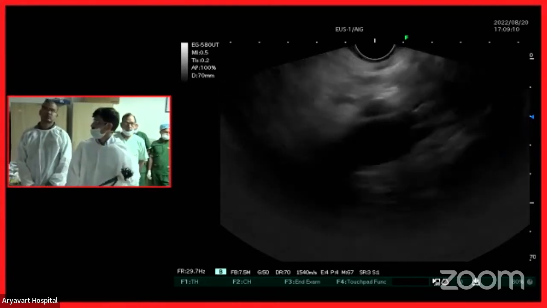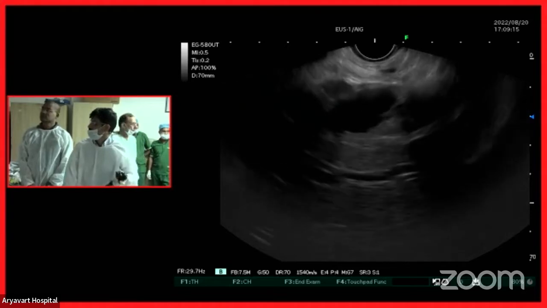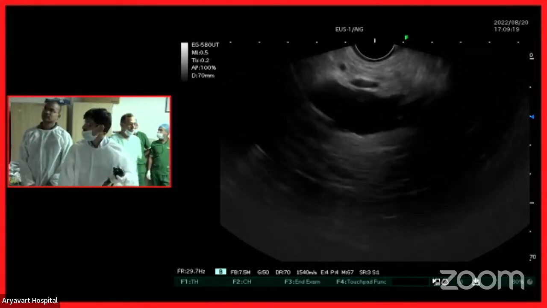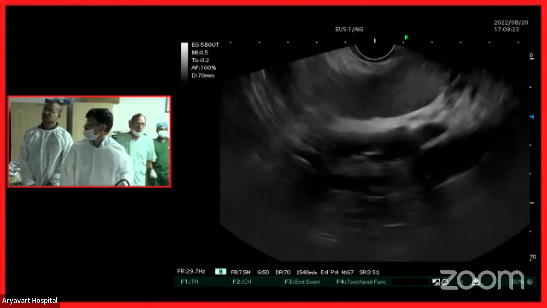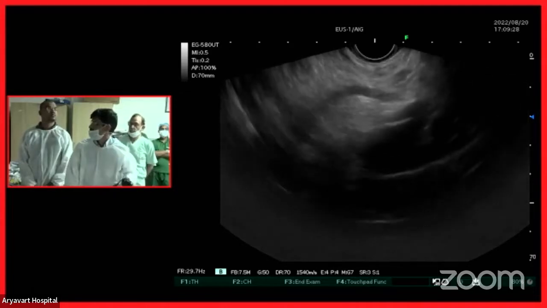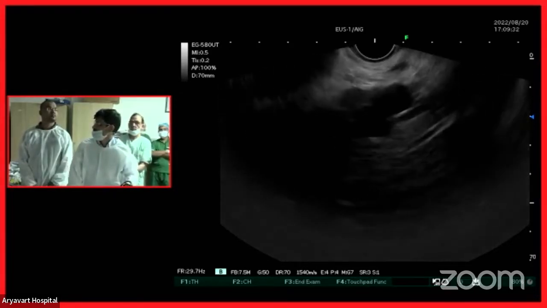You can show that the left-right junction is blocked. This is the left duct coming through, and then I'm losing it here. It's a beautifully dilated segment 2 and 3 duct, coming together here.